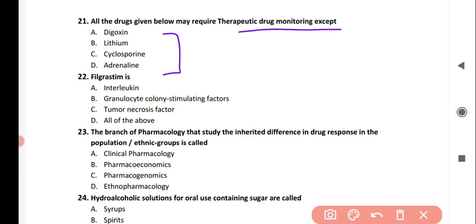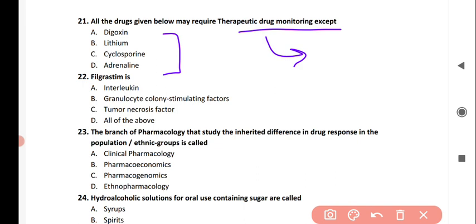So firstly, I'll explain what is therapeutic drug monitoring and when it is needed. So therapeutic drug monitoring is simply a process by which the effect of a drug is monitored by measuring the plasma concentration of the drug.